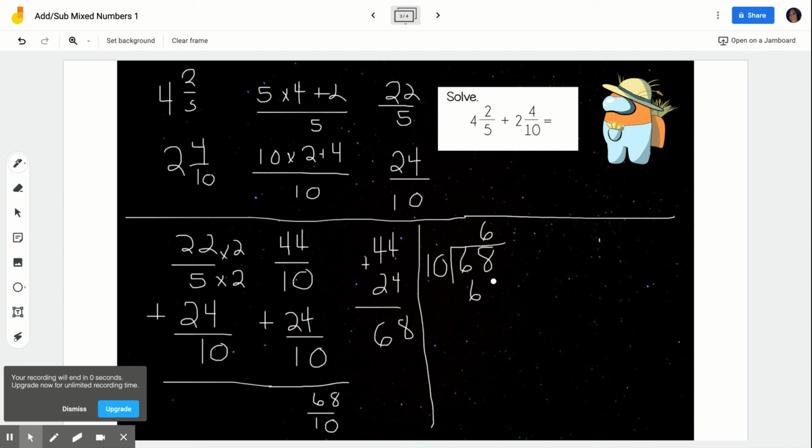I know I can make at least 6 groups. So I'm going to subtract, and I'm going to have a remainder here. When we're using this strategy, our remainder becomes our numerator, and our denominator again stays the same. So we have 6 and 8 tenths.